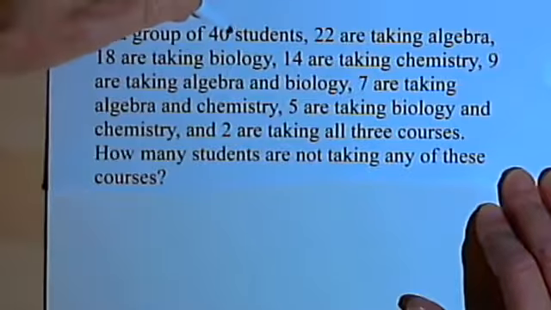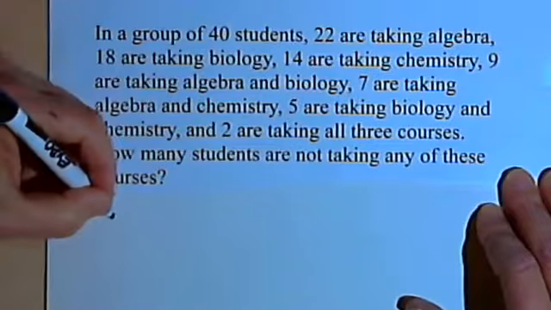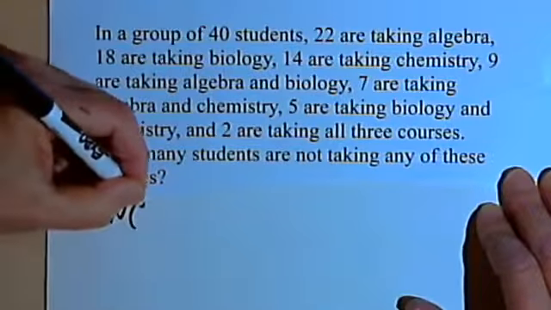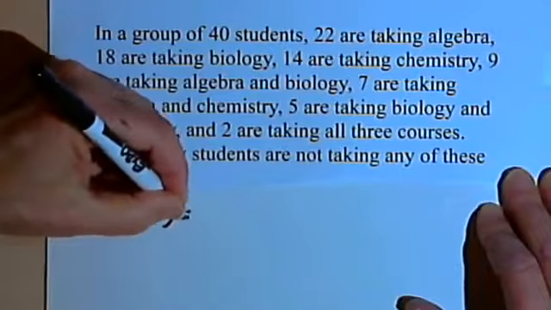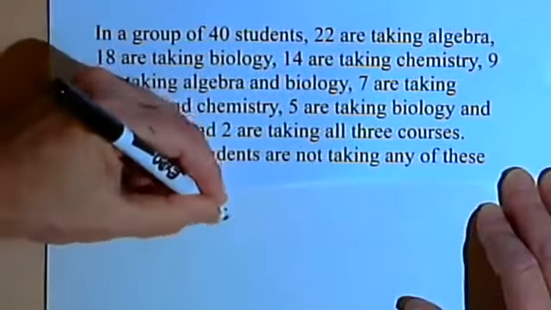I'm told there are 40 students, so that means my universal set is going to contain 40 elements. So the size of the universal set is 40.